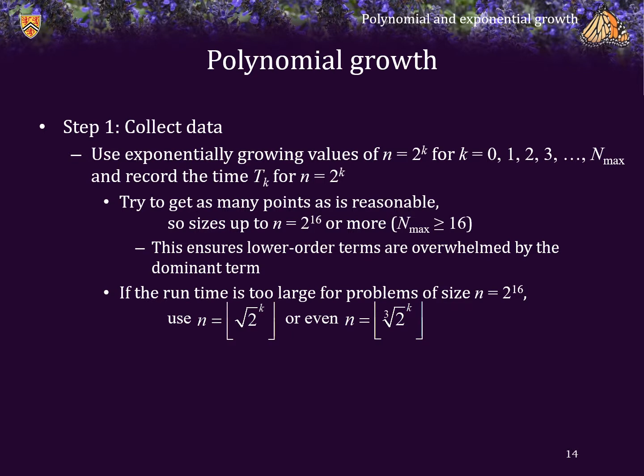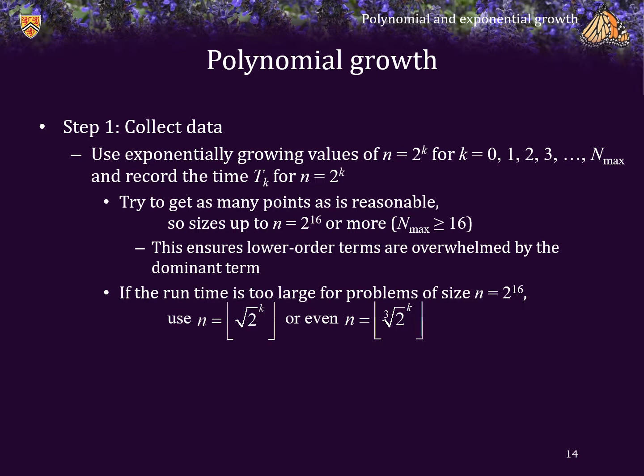Now, if having such a large value of n max produces a problem size that's too large to deal with, so if n being 2 to the 16 is simply too large, you can use values of n that are powers of square root of 2 to the power k, or even the cube root of 2 to the power k.